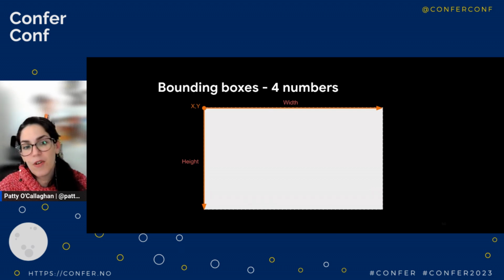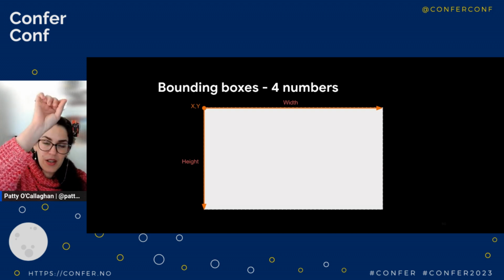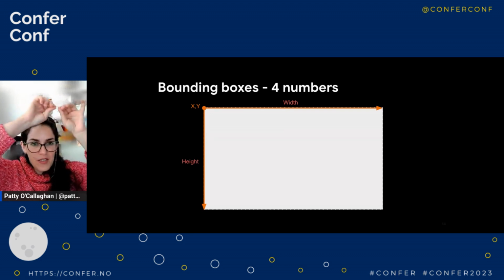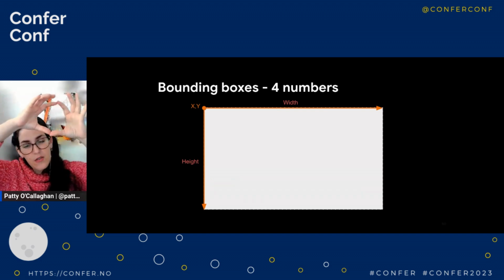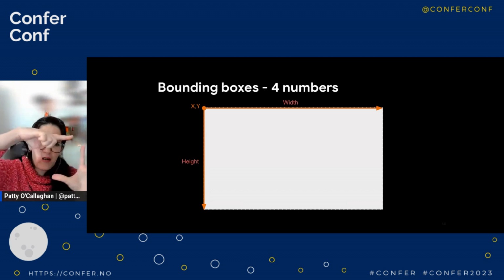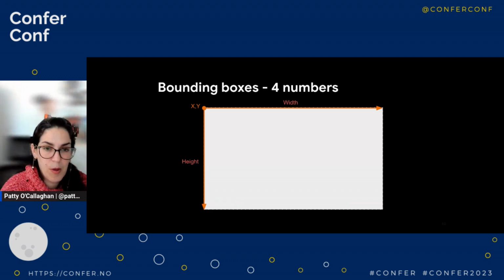The level of confidence is how sure it is that that's actually the object that it is predicting, okay? So for the bounding boxes, we get the X and the Y point, the coordinates, and then we have the width and the height. And with those numbers, using CSS, you are able to draw that box on the web page.